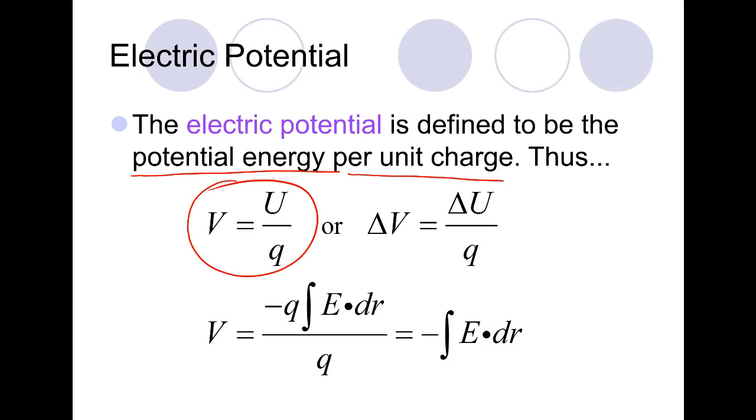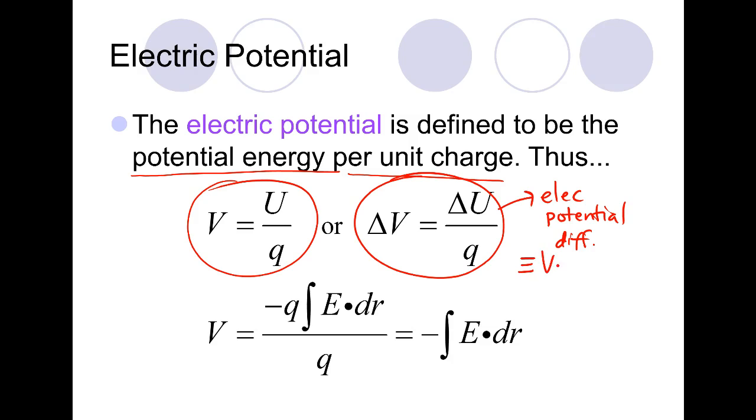Or if you have a change in potential energy, you have a change in electric potential. This term right here is called the electric potential difference. Now the electric potential difference is also called the voltage, and we'll come back to that.